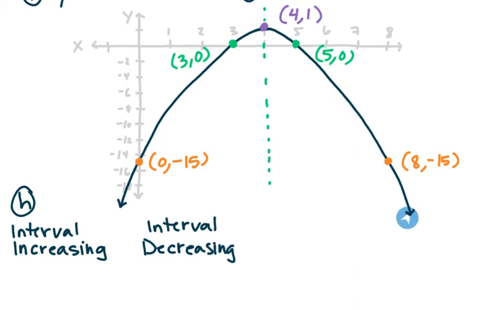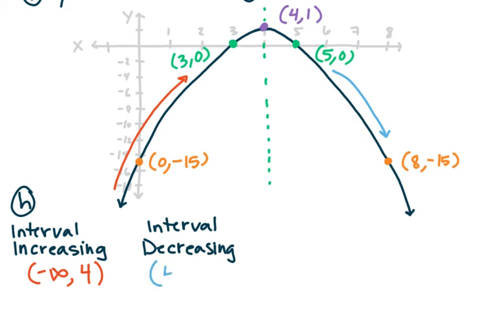So now remember, we always state intervals of increasing or decreasing using horizontal x regions. So we are increasing from negative infinity all the way until we get to x equals 4. And then at x equals 4, we begin decreasing until we get to positive infinity.